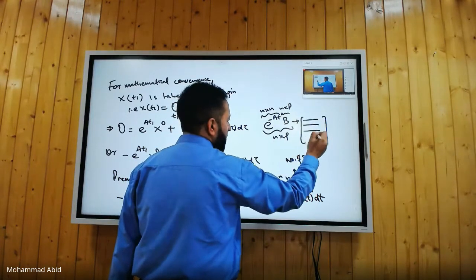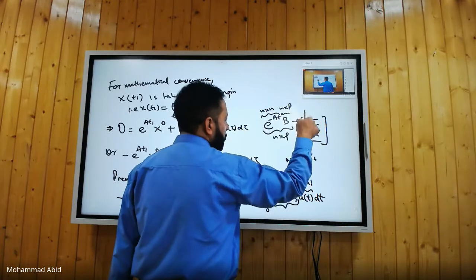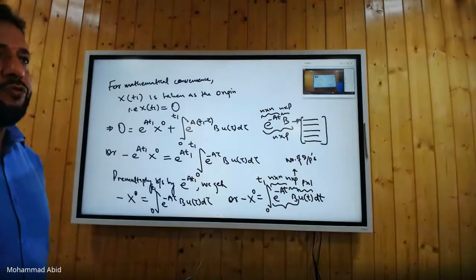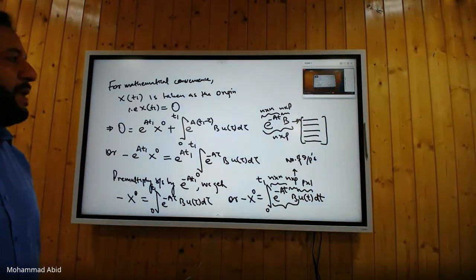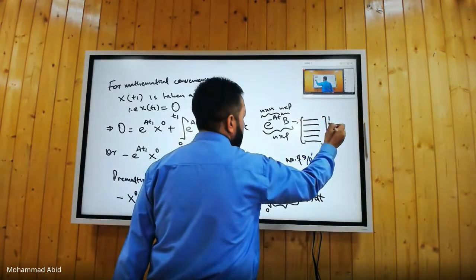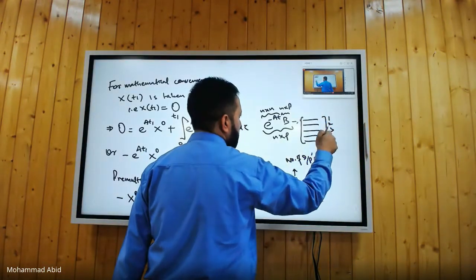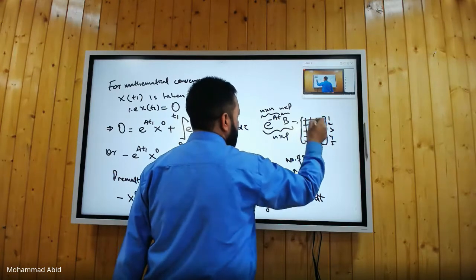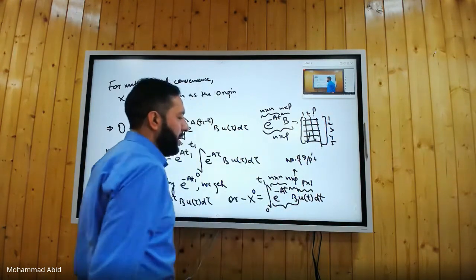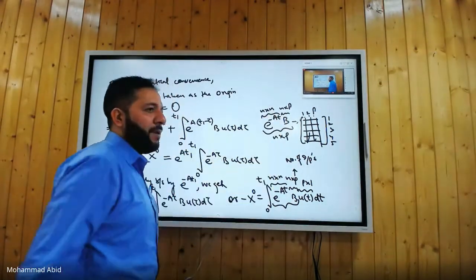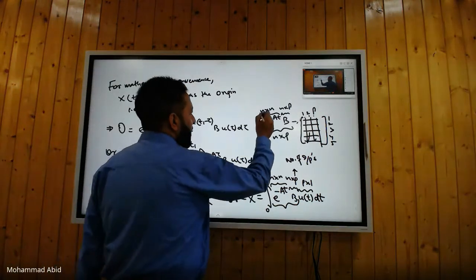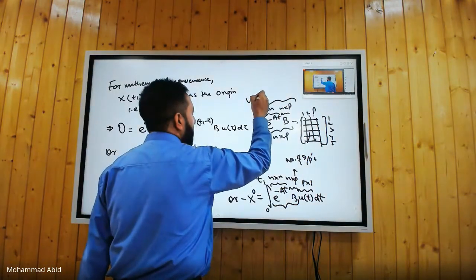N rows, and every row has p entries. So this is the first row, let's say, this is the second row, this is third, fourth, fifth, and so on, and every row has how many entries? P entries. So this is 1, 2, up to p. And since this e^(-At) B is a function of time, it is basically a vector function matrix.